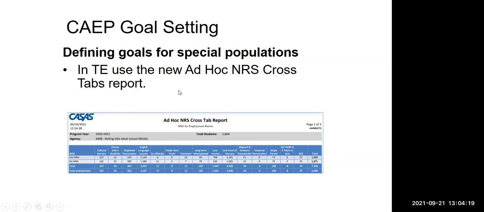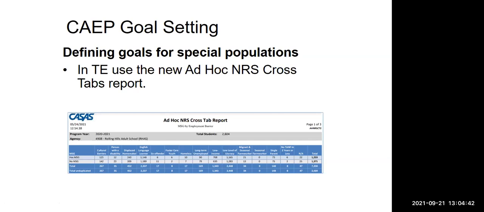So my next suggestion is, okay, we've given NRS, DIR, CAEP reporting. Another way to look at goals might be to look at it in terms of special populations. So obviously we've talked a lot about collecting variables such as barriers to employment. Another example would be equity.